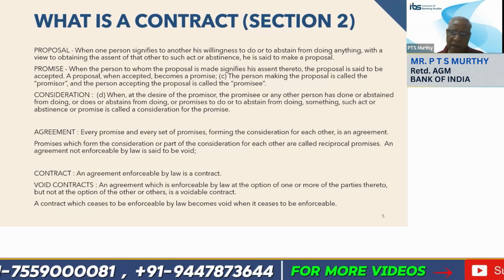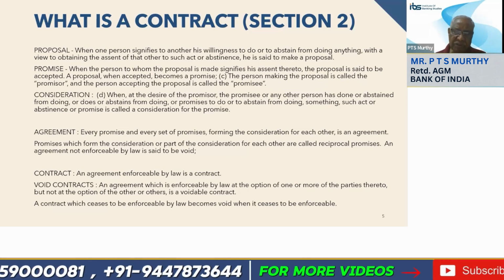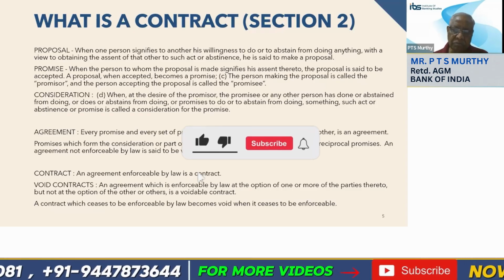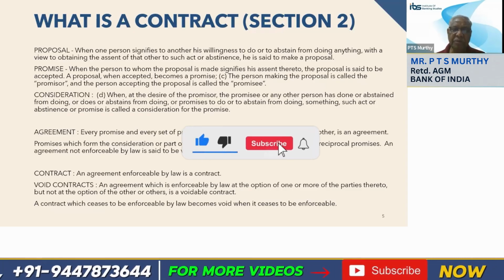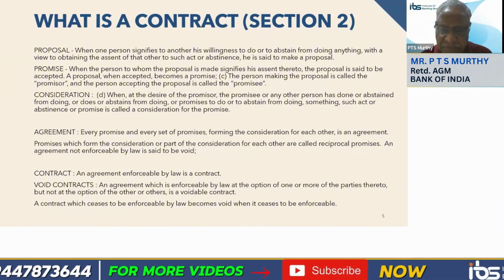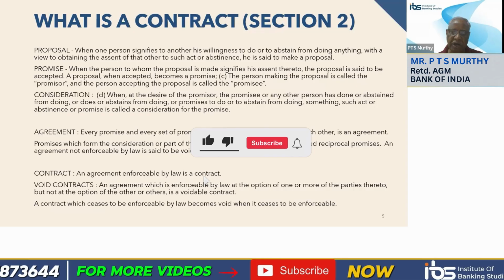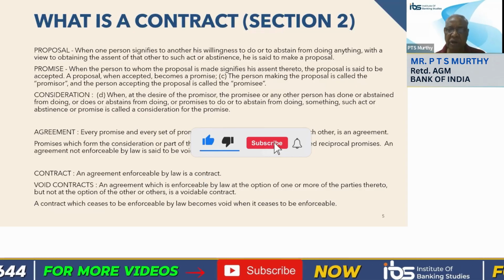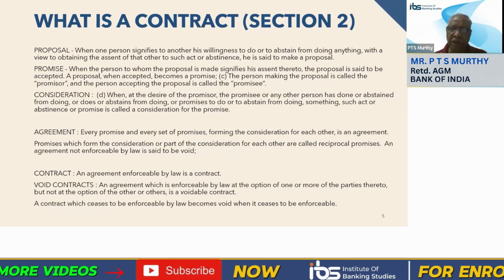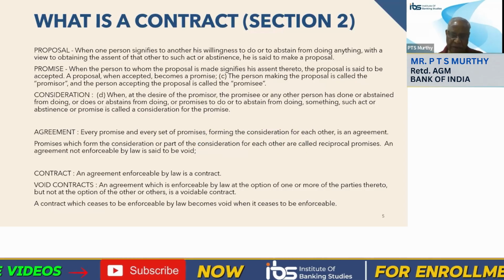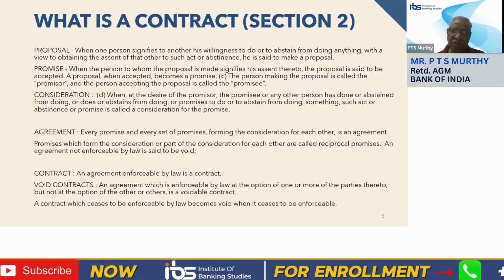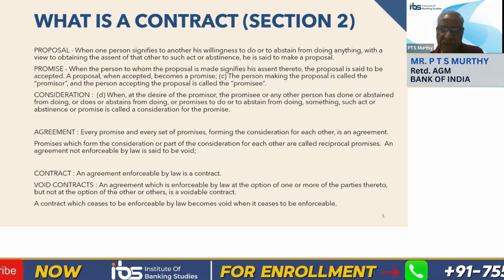Now, if that agreement is binding and enforceable under law, only then does it become a contract. Once it becomes a contract, there is a relationship between the account holder and the bank.